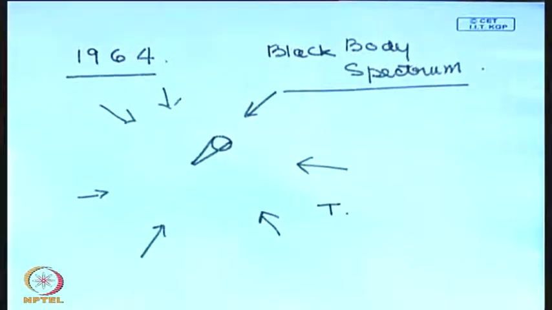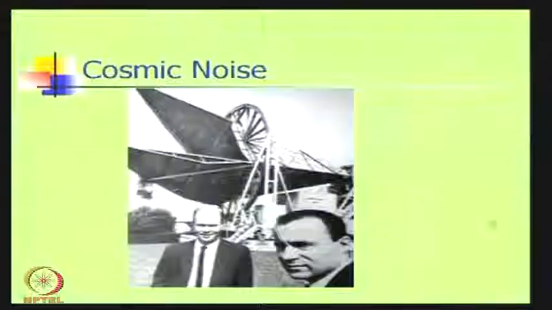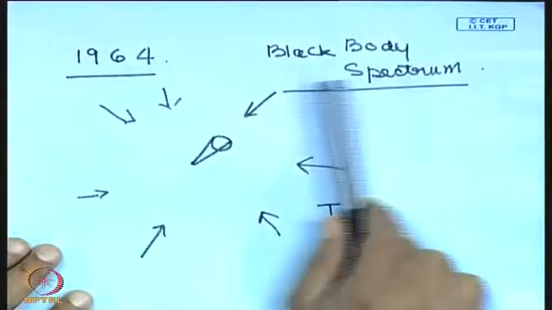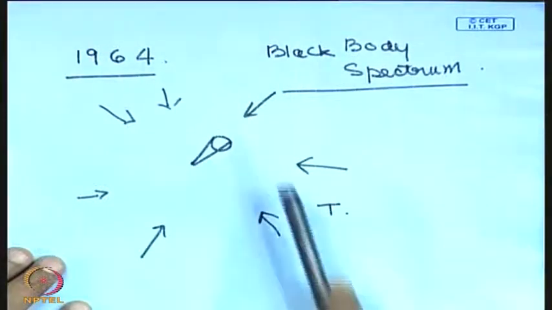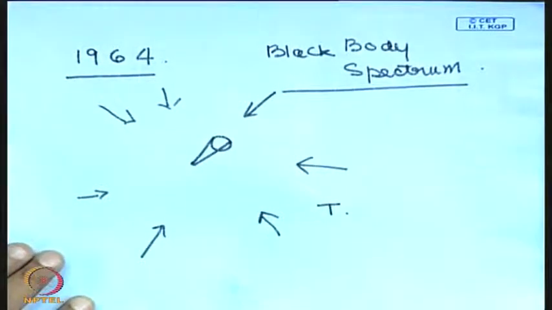Now obviously Penzias and Wilson made the observation only at a particular wavelength or frequency, and they could not determine the spectrum. The fact that it was a black body spectrum could not be determined by them. So you required observations at other wavelengths to establish this.